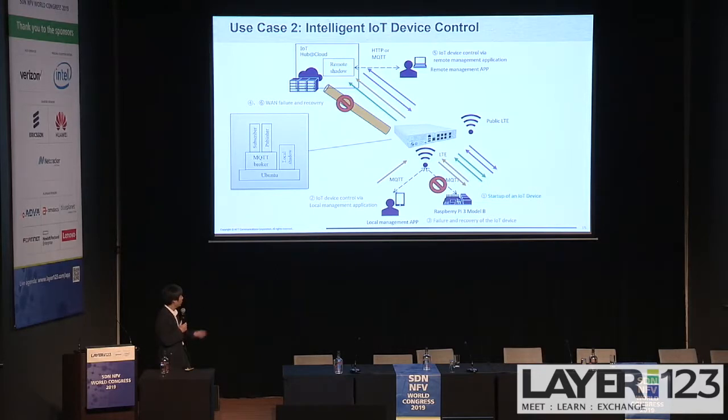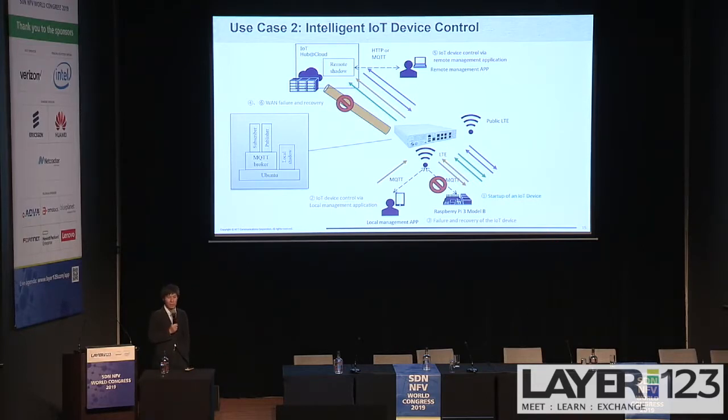And also, we can have a local management application. From that, we can control the sensor devices through the messaging protocols that we provide in our UCP solution. And also, as shown here, we implemented a local shadow and a remote shadow at the same time.